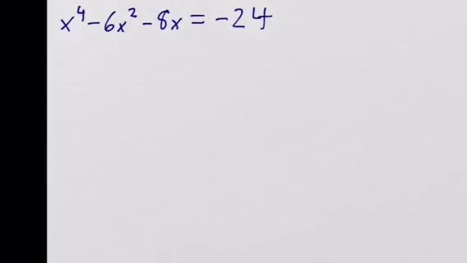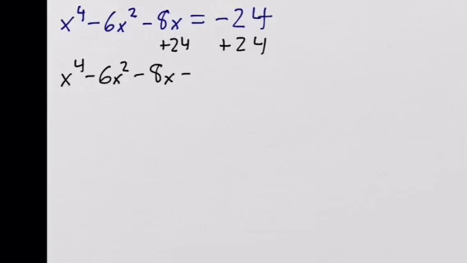So we can do that by adding 24 to both sides of this equation. So we end up getting x to the fourth minus 6x squared minus 8x minus 24 equals 0.